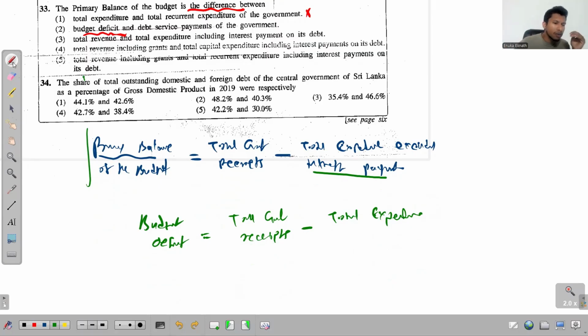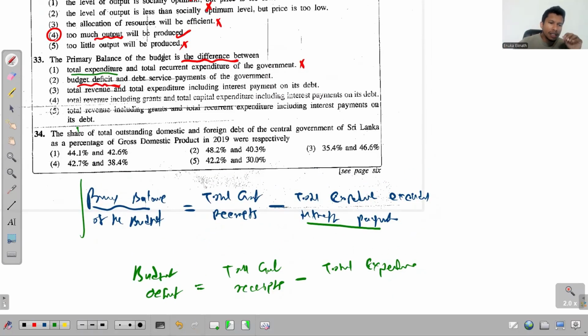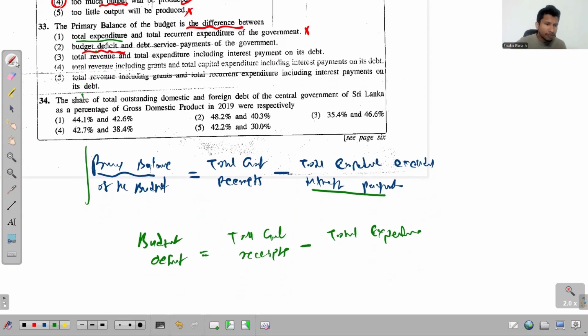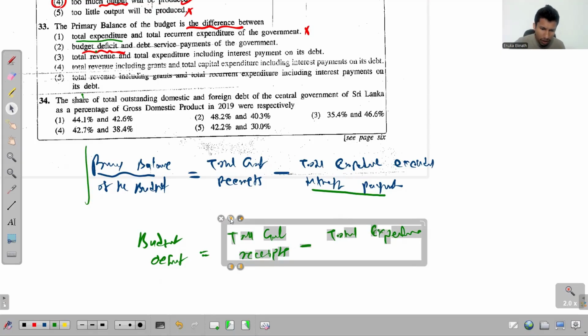And according to the second option, what do they say? The primary balance of the budget is the difference between budget deficit and debt service payments of the government. Now we have the budget deficit, and in it we have these two components.